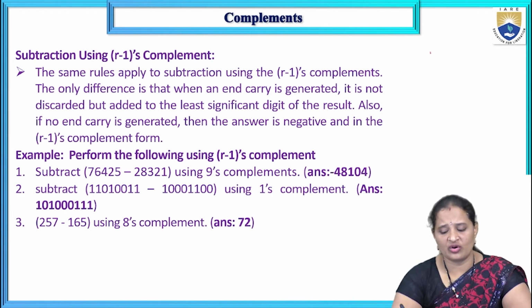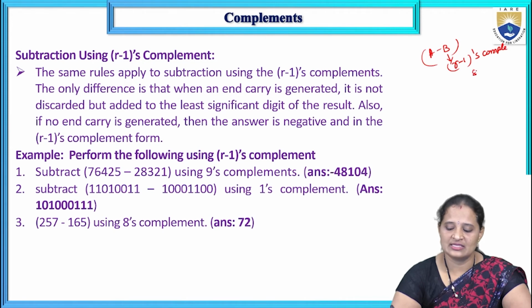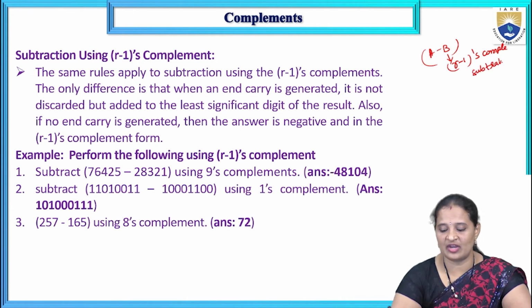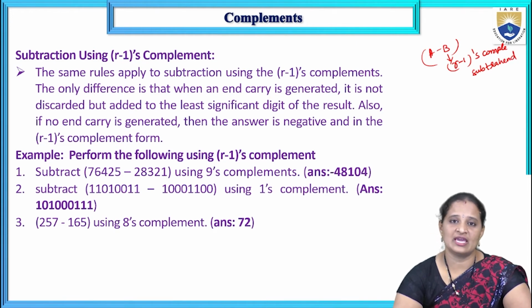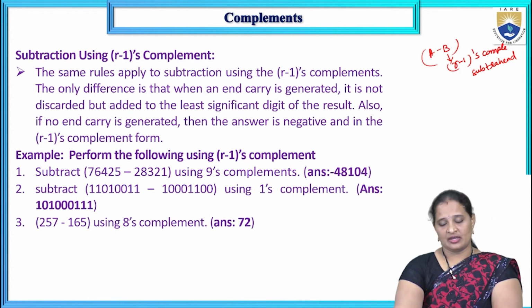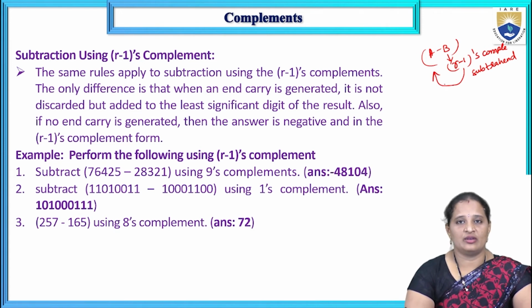Whenever you are performing A minus B, take the (r minus 1)'s complement of the negative number, or else the subtrahend. In the previous case, we took the r's complement of the negative number. Now in this case, the (r minus 1)'s complement of the negative number is to be calculated. Once it is done, add the (r minus 1)'s complement to the minuend.